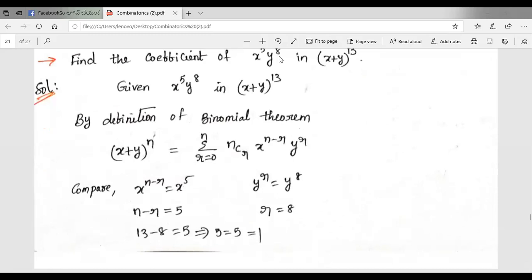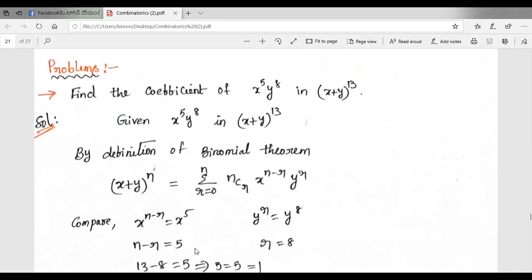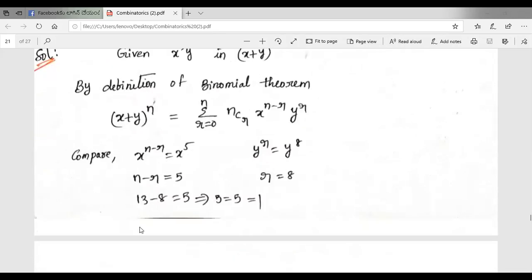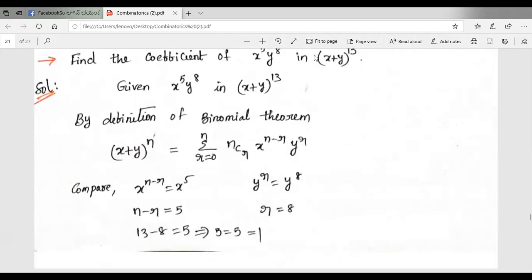So here y power term given 8. So r is equal to 8 and x power term is n minus r. So x power n minus r is equal to x power 5. So bases are equal, powers equal, just the n minus r is equal to 5. In that given n is equal to 13 and r is equal to 8, 5 is equal to 5. So it satisfies. So here we have to find the quotient of this x power 5 y power 8.